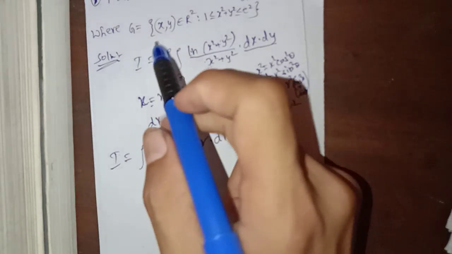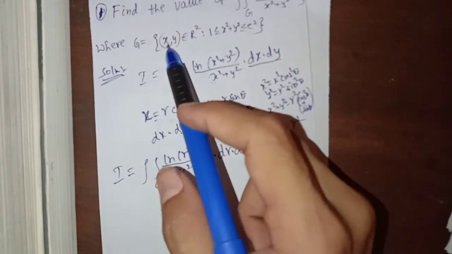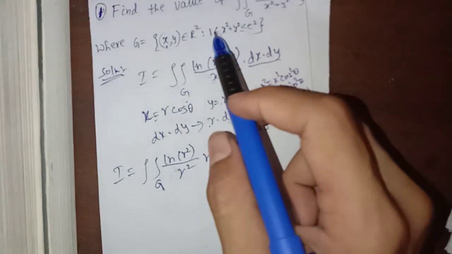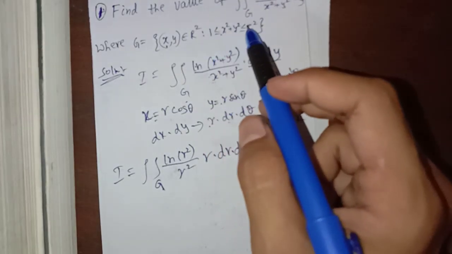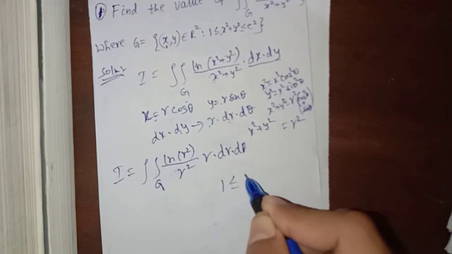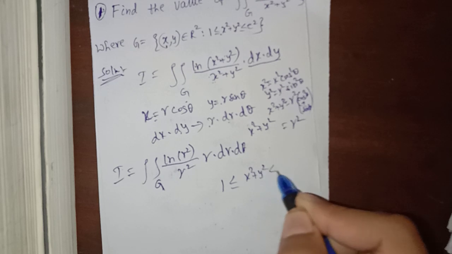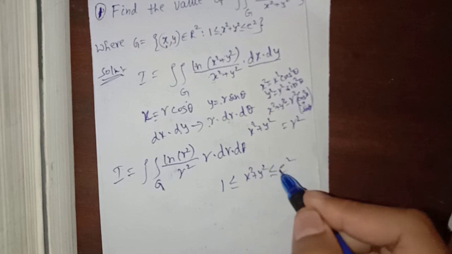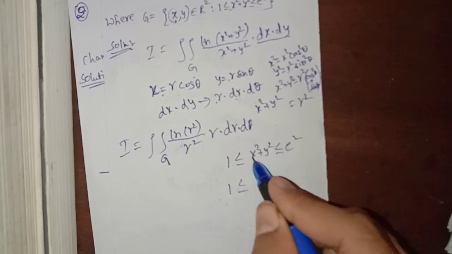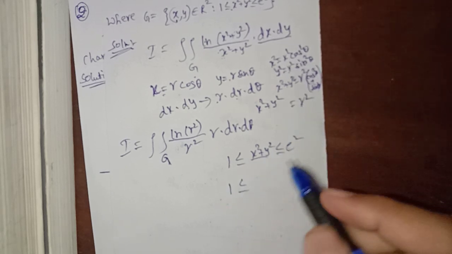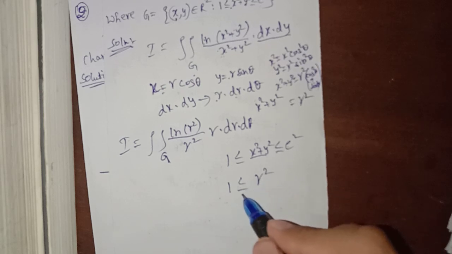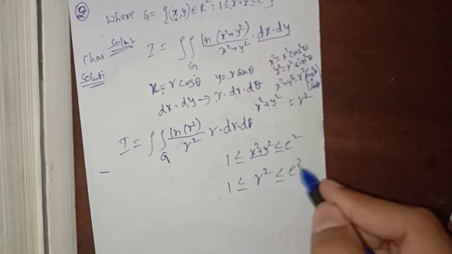Now G is given here: x and y belong to the region where x square plus y square is in between 1 and e square. x square plus y square means r square. So r square is greater than or equal to 1 and less than or equal to e square.